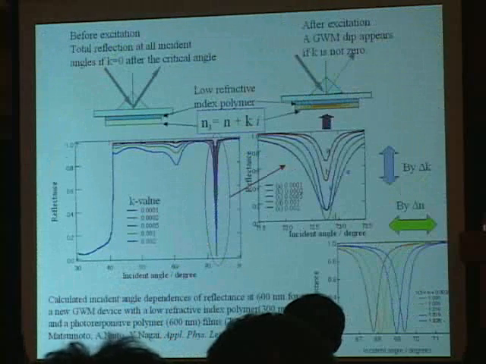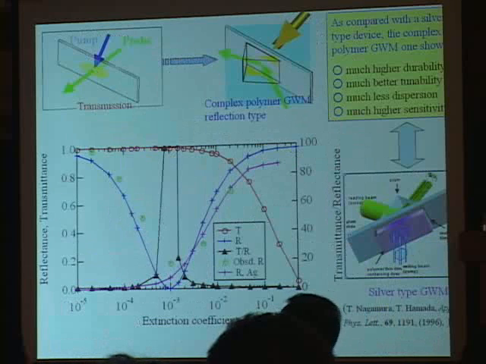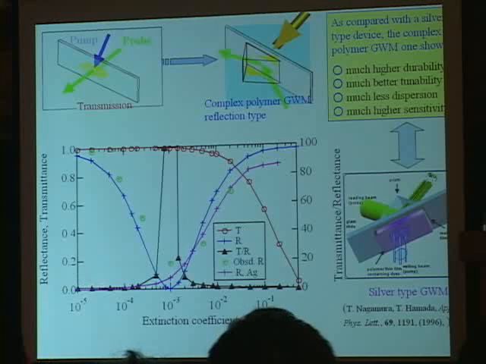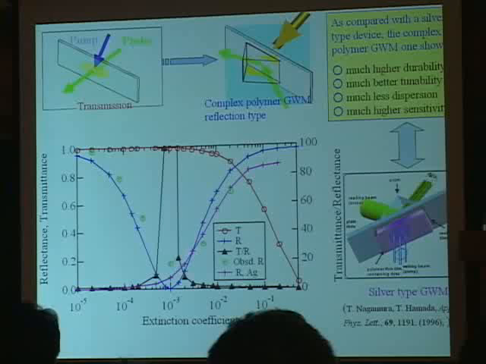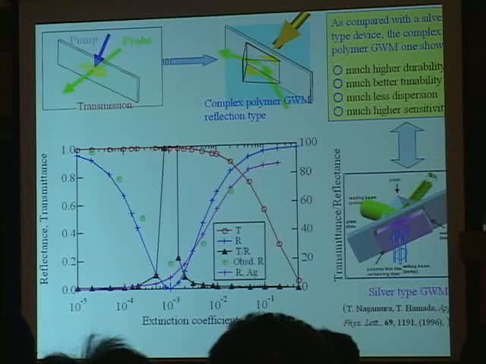Okay, this corresponds to the absorption. So if we use a metal type, the reflectance becomes larger if we increase the extinction coefficient, in other words, if we increase the absorption of this polymer layer, the reflectance becomes larger. Okay. So if the absorption of this polymer layer is large, the reflected beam intensity becomes large. This is for metal type.